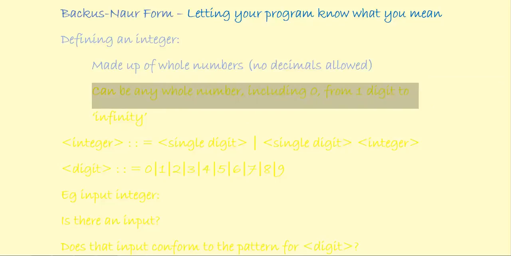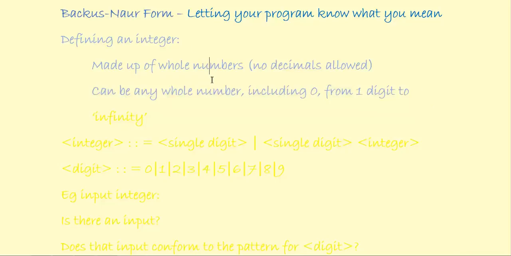Let's have a little think. So it can also be any whole number, including 0, from 1 digit to any number of digits, so to infinity. Now, of course, there may be hardware and software restrictions on the amount of digits that you could actually type into a machine and that a machine could handle.